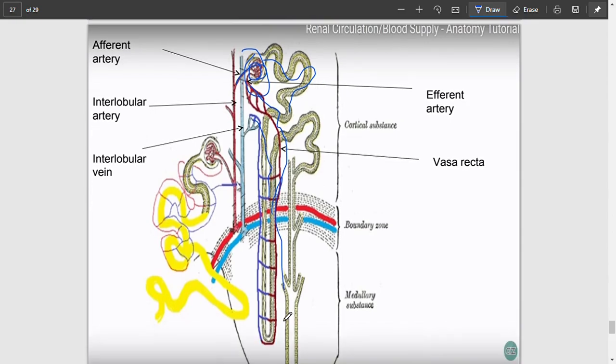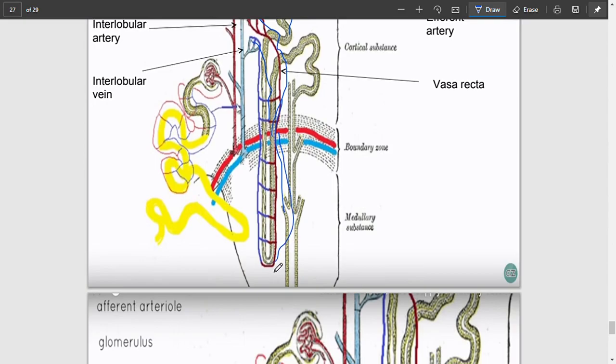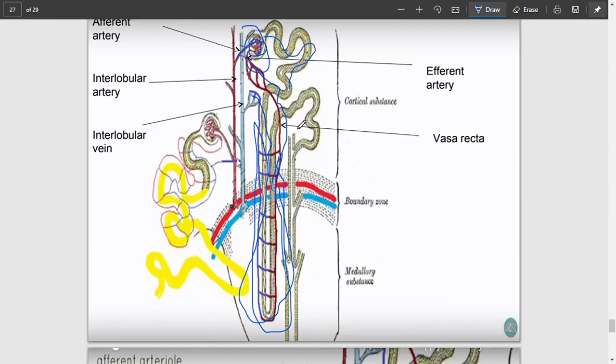And this vasa recta surrounds the descending and ascending parts of the nephron, because the excretion and secretion take place there, between the arteries and the lumen of the nephron.